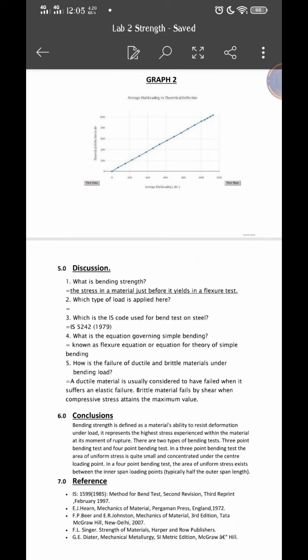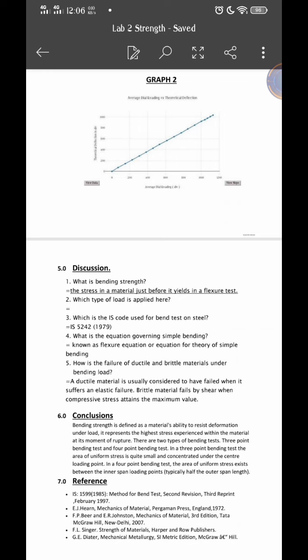5.0, what is bending stress? The stress in a material just before yield in a flexure test. Second, I don't have an answer. And 3, which IS code is used for the bend test on steel?